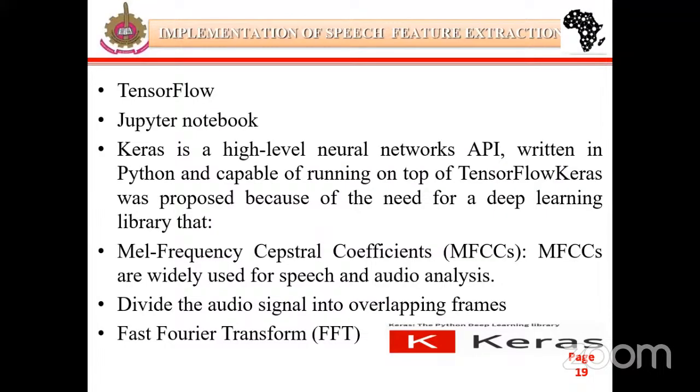The implementation was done using TensorFlow, Jupyter Notebook, and Keras, because of their high capability for data annotation and manipulation of the data sets. And Keras was used also for the analysis.